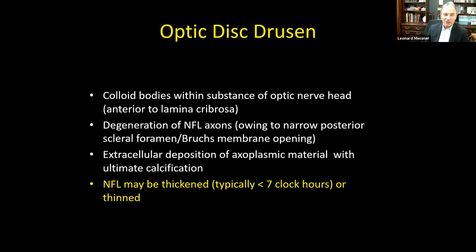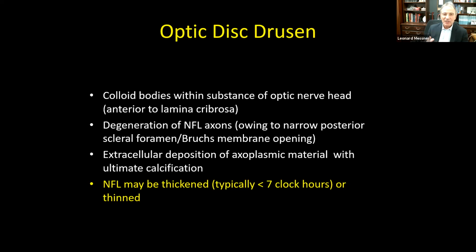Now, the most common cause of degenerating axons within an optic nerve leading to the formation of drusen is an anatomically crowded canal. So that on an individual basis, we have roughly about 1 million axons per optic nerve. If you create a narrow opening for those axons to leave the globe and travel back to the visual centers within the brain, they pile up on top of one another, and ultimately some of them may just give up and die.